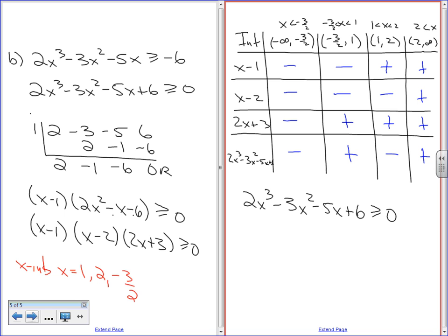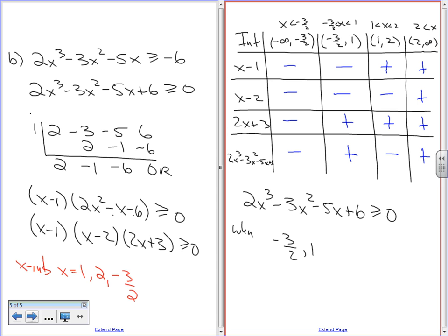Yeah, between this right here. So when x is between negative 3 over 2 and 1, do I want to include those numbers or not include those numbers? How do I even know the brackets?